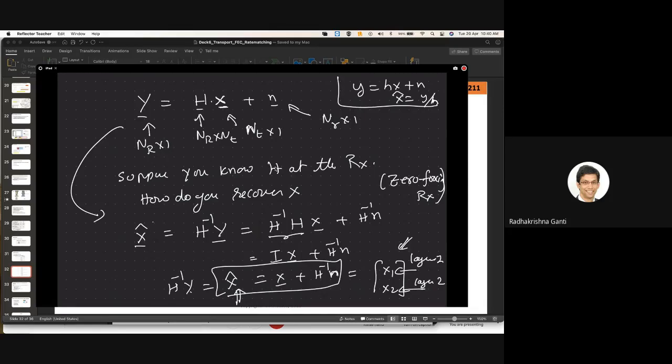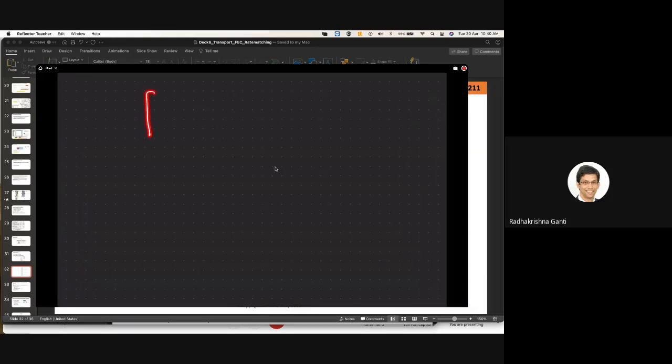If you take a 2x2 matrix, which is H11, H12, H21, H22, this is your H. When will the inverse exist? The inverse will exist if it is what is called a full rank matrix.